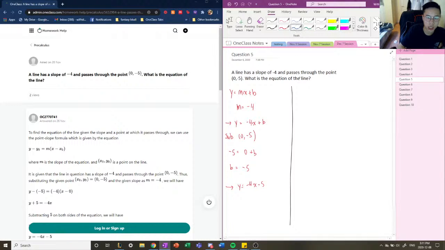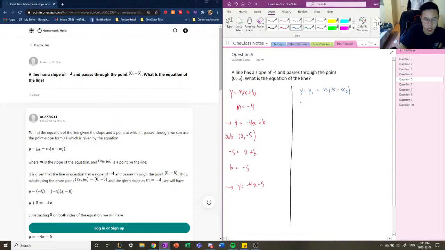All right. The second method is by using the point slope formula, which is y minus y naught equals the slope times x minus x naught, where (x naught, y naught) is the point that we know of.